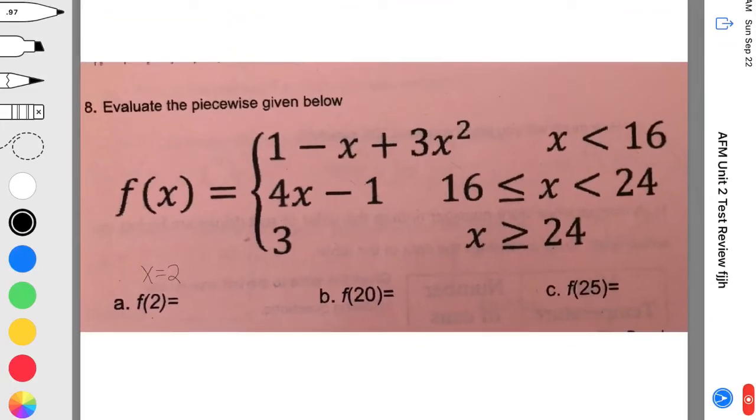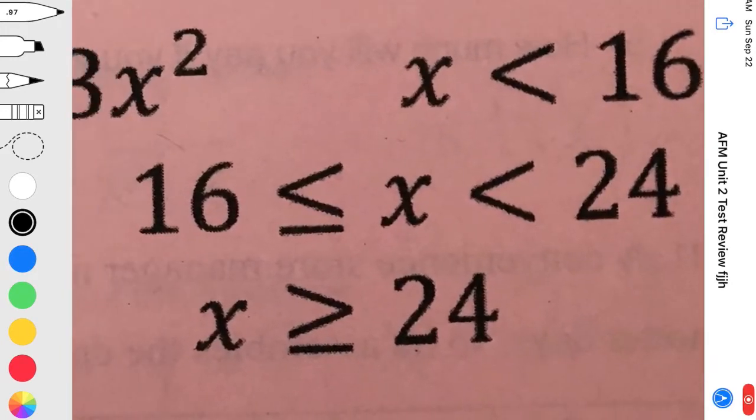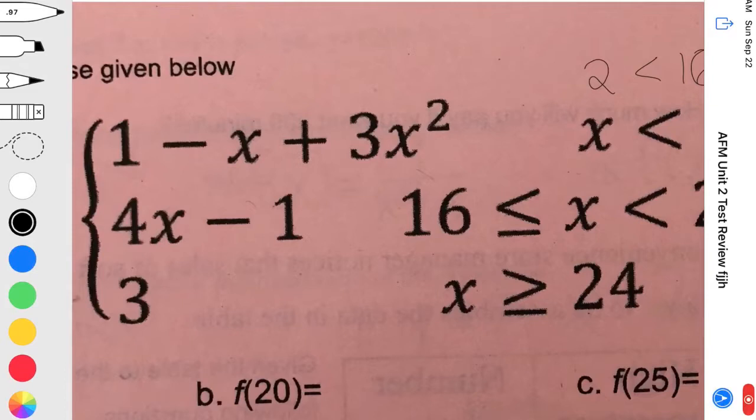So we're going to go to our steps and ask ourselves, looking just at the restrictions, is x less than 16? If it's true, that is the step we're using. So 2 is less than 16. Yes. So we're using this first step.